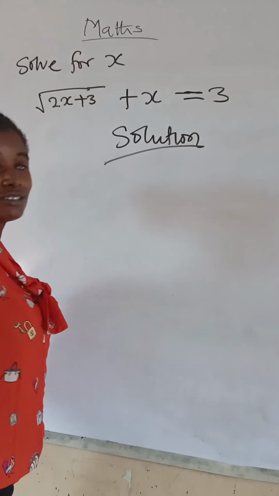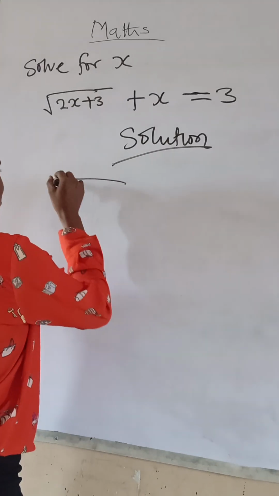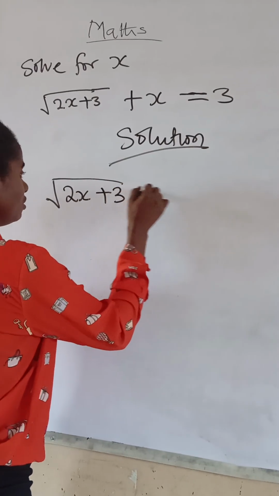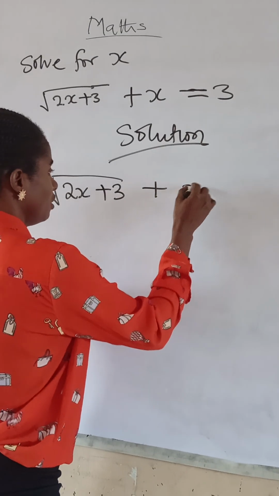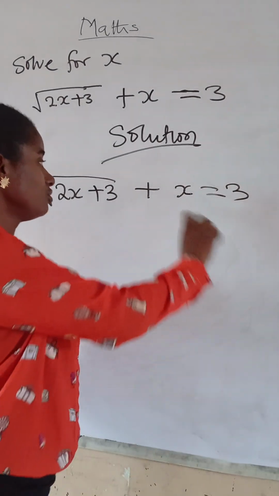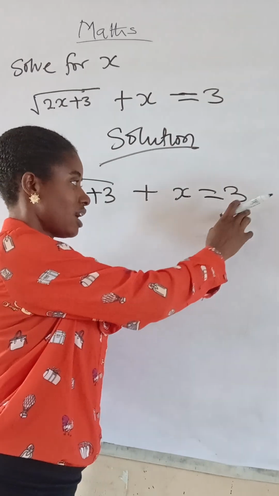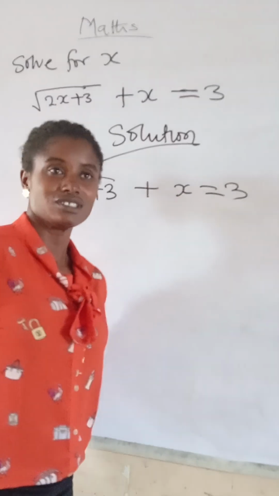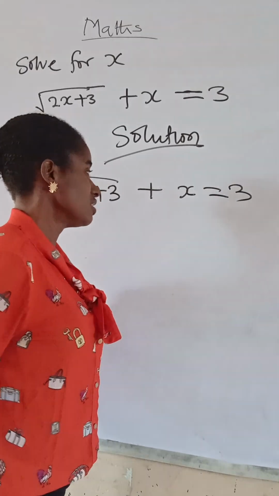We bring down this question. We have root 2x plus 3 plus x is equal to 3. This one is on its own and this one is on its own. This and this are almost the same thing, so we collect the like terms.